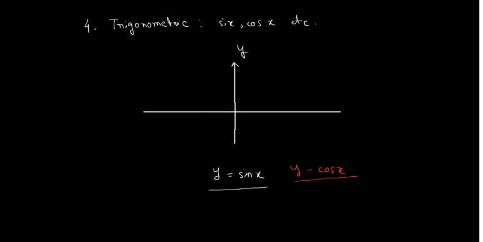Graph of cos x will be something like this. So, we have seen some known graphs. We have to remember this, and this will help us in curve tracing method.